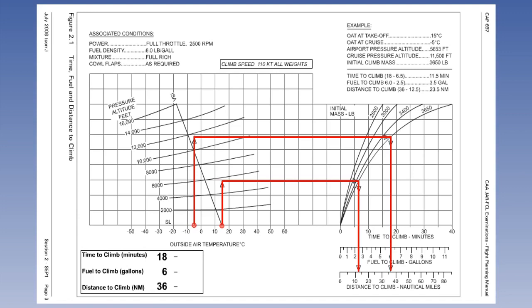The answers this time are 6.5 minutes, 2.5 gallons and 12.5 nautical air miles. By subtracting these figures from the figures we found earlier, we can calculate the time, fuel and distance to climb from an airfield at 5,653 feet to an en route altitude of 11,500 feet. When you are ready to proceed, turn to Table 2.2.1 on page 4.